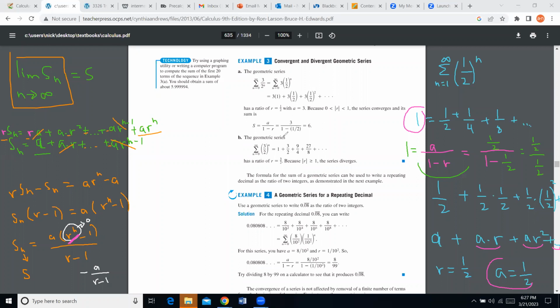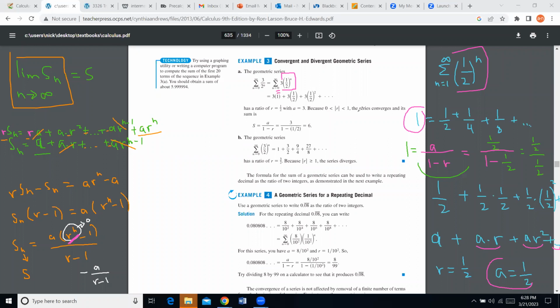But when you have a geometric series, like we already saw, 1/2 to the power of n, and that's exactly what we know converges to 1, right? Then the result, they ended up with something like 6. Well, because they start not at 1, but at 0. So there is an extra number, 3, added to it.